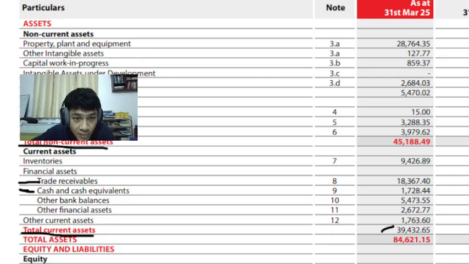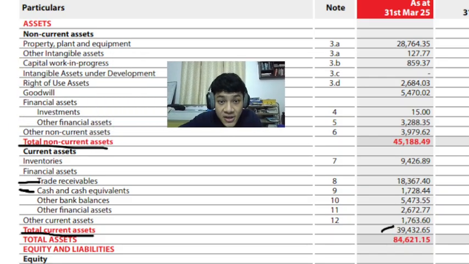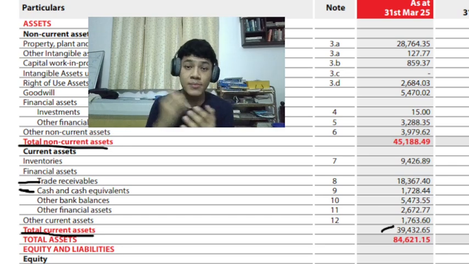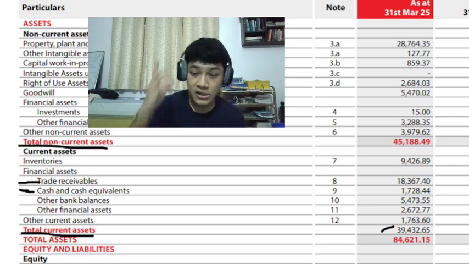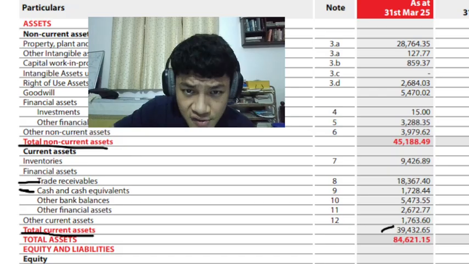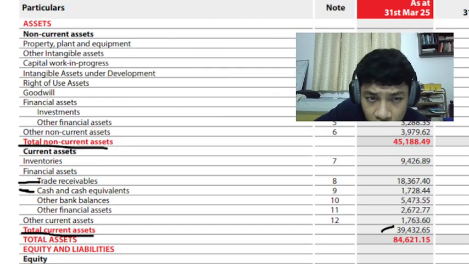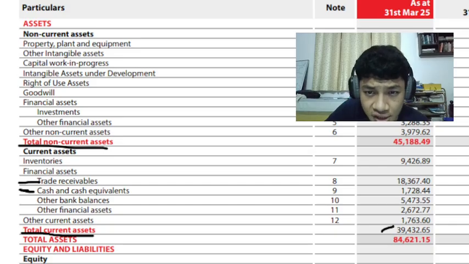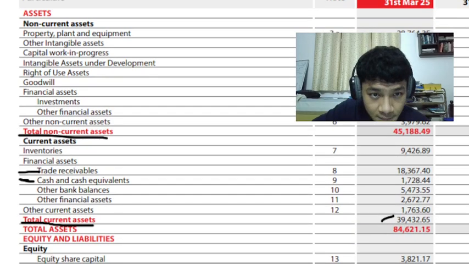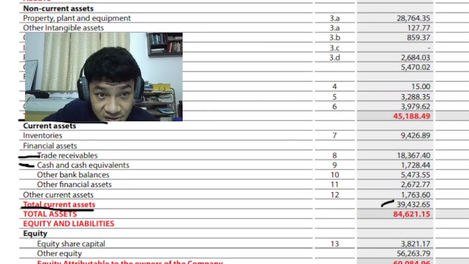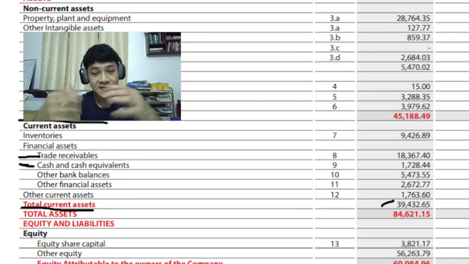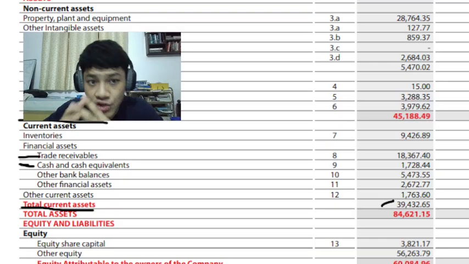Now, I have marked here total non-current assets. Non-current assets are assets which cannot be converted into cash within 1 year. Total non-current assets is around 45,188.49 lakh rupees. So 450 crores of non-current assets. Current assets are assets which can be converted into cash within 1 year.